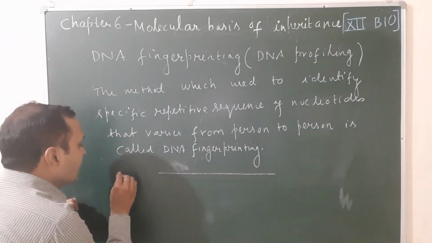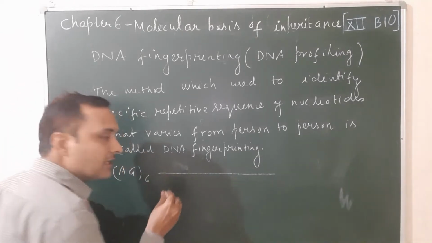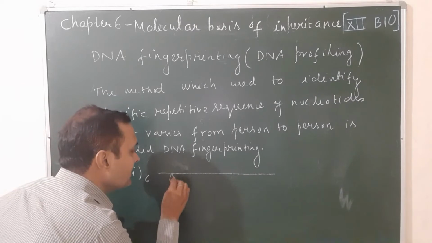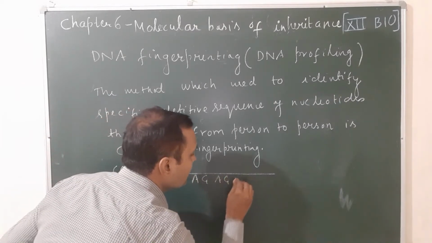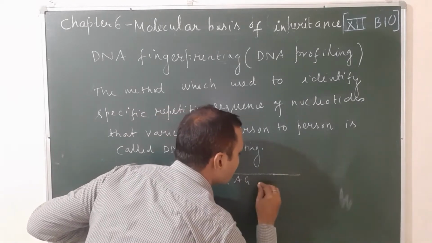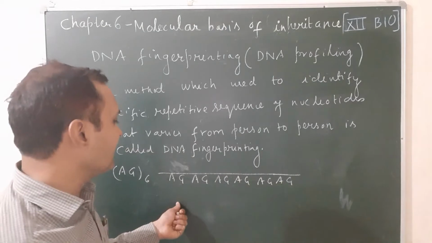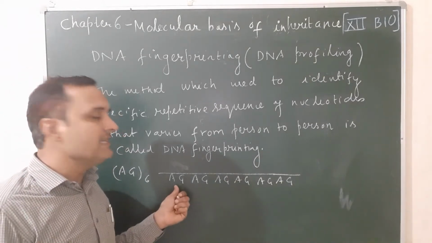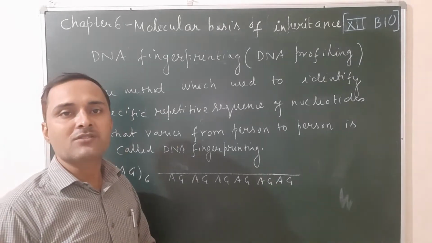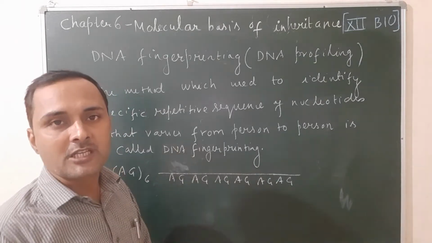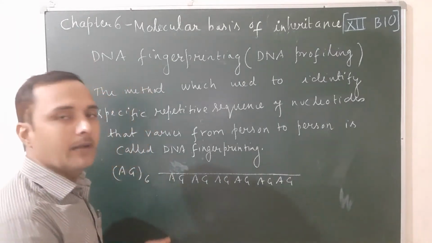For example, suppose AG is found 6 times: AG, again AG, AG and AG. This is a repetitive sequence because AG is repeated 6 times, and these 6 times are known as the copy number. How many times the repetitive sequence repeats on the DNA is known as its copy number.